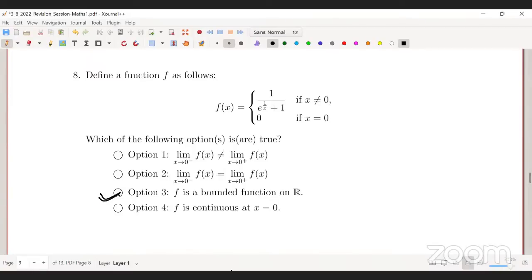Sir, we got this question in quiz 2 also, as one of the options. How do we check whether it is bounded? That is what I'm asking you now. It's not bounded. It is bounded. If it is bounded, then why?